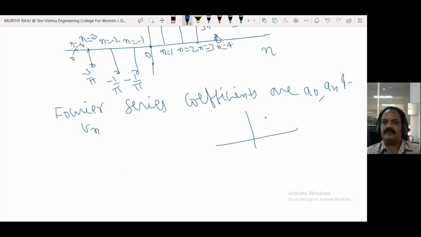This is the x of t function here. This one is like that: 0, 1, 2, 3, 4, 5.